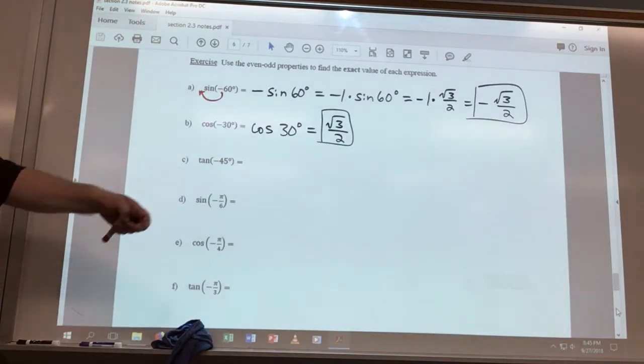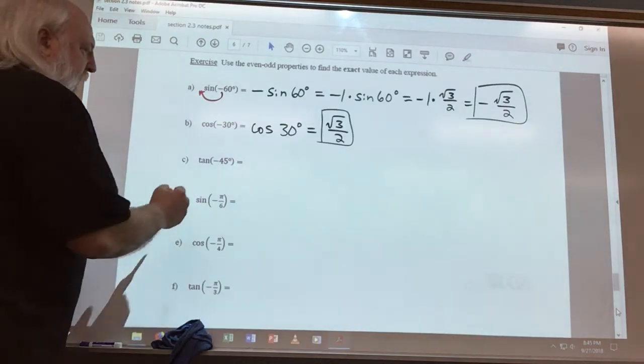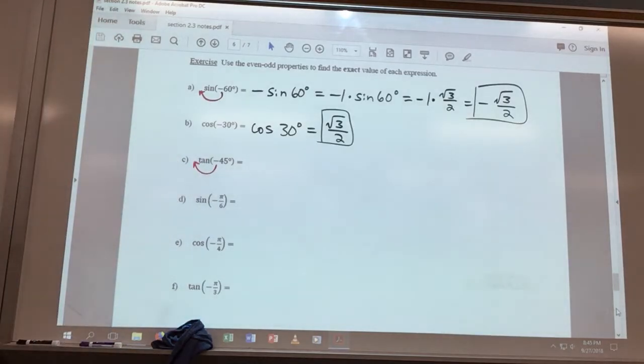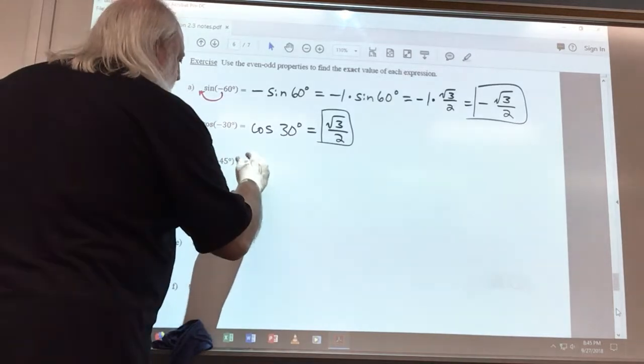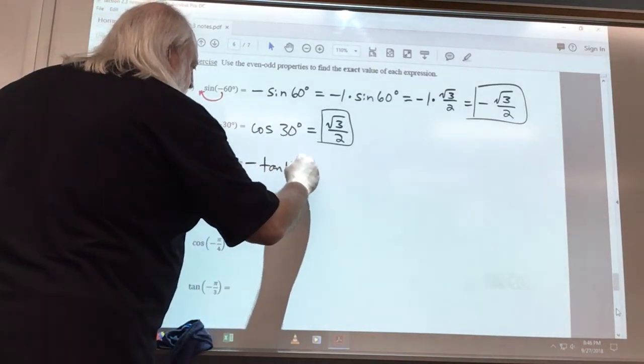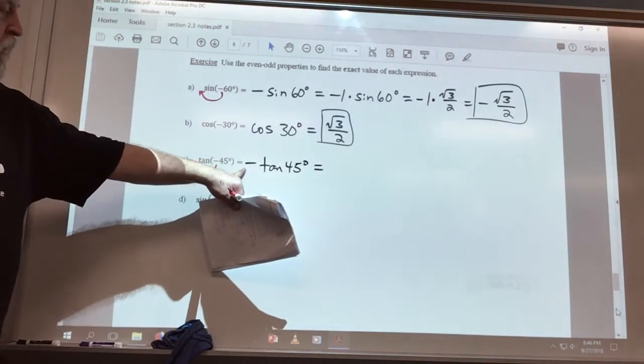The tangent of minus 45 degrees, tangent is an odd function, so we've got to bring the minus sign out in front of the tangent. And so when we do that, we have the negative of the tangent of 45 degrees. So this is an invisible minus 1.